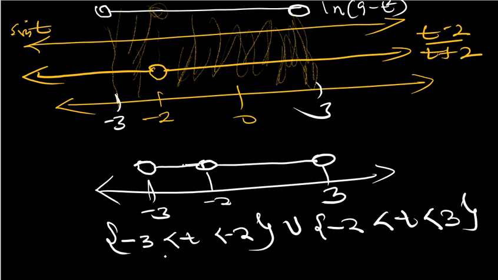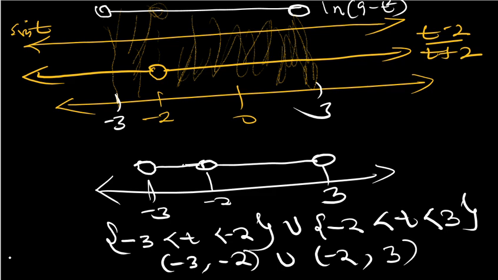Or we can use -3 comma -2, open, union -2 comma 3, and also open. So this will be the domain of our vector function R of t.